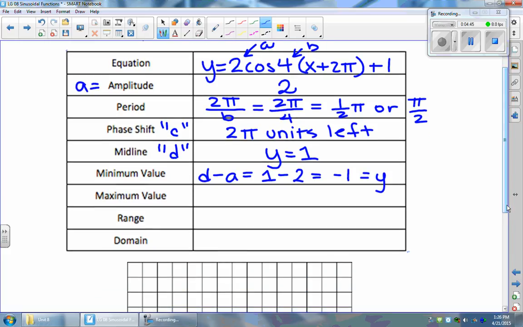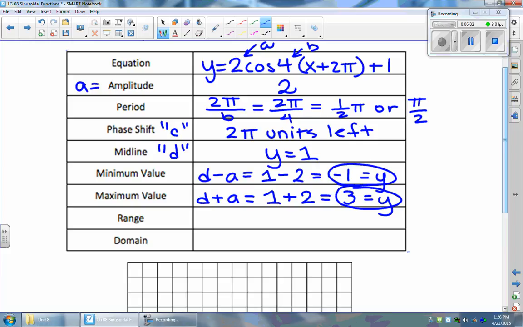And for our maximum value, we use our D value and we add our amplitude. So our midline plus our amplitude means that our maximum y value is going to be at y equals 3.